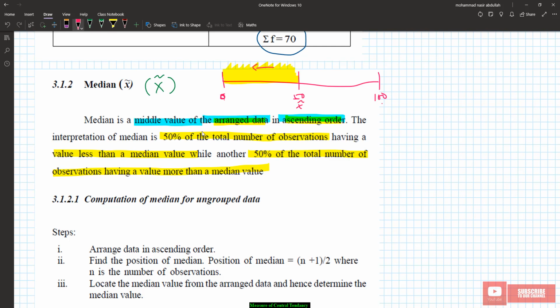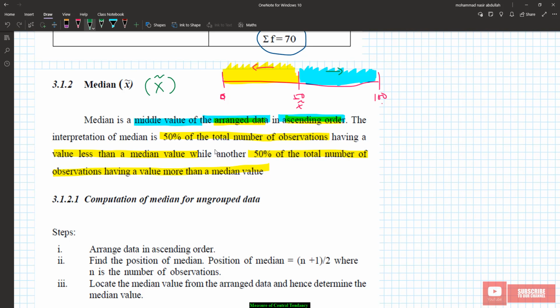So this is the median value. While the other 50% of the data have values more than the median value. So this is how we interpret median.